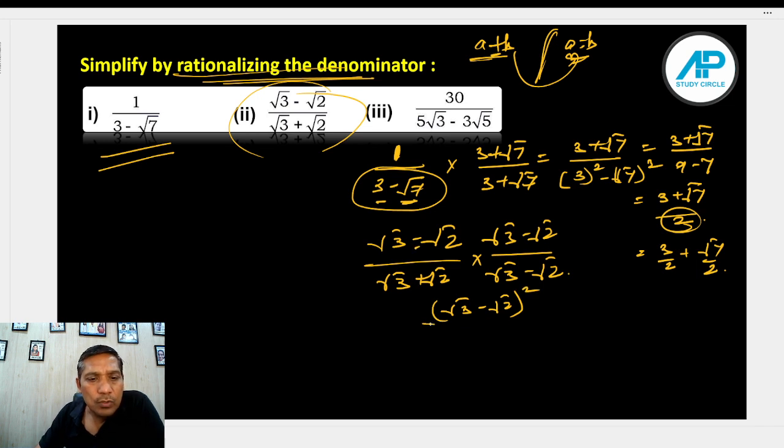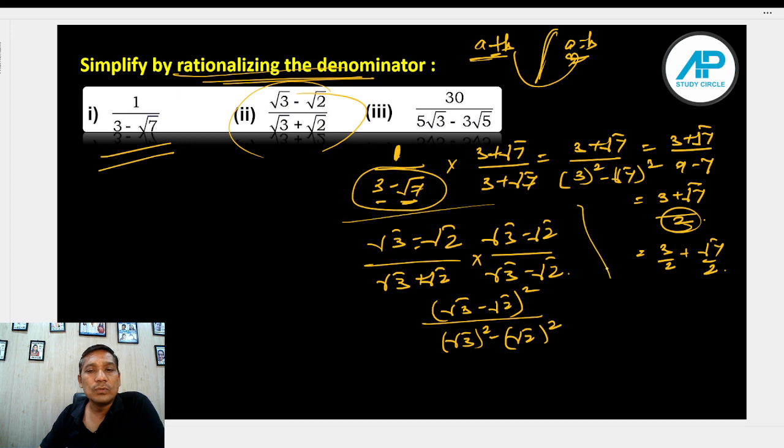We got the whole square of root 3 minus root 2 in the numerator, and in the denominator, root 3 plus root 2 times root 3 minus root 2, that is 3 minus 2. The square expands as 3 plus 2 minus 2 root 6, upon 3 minus 2.